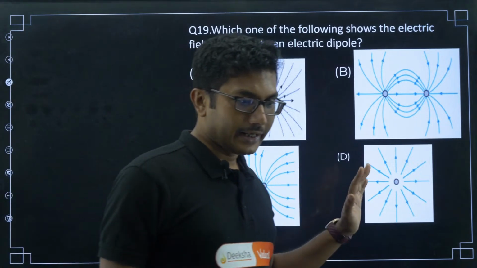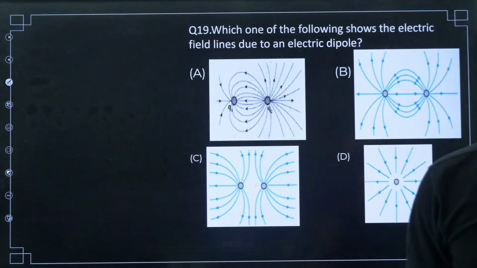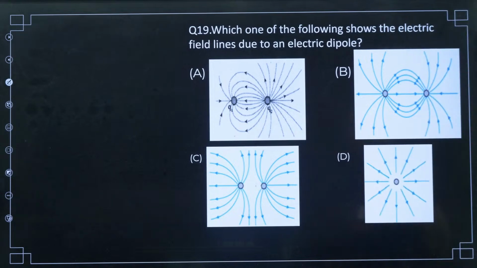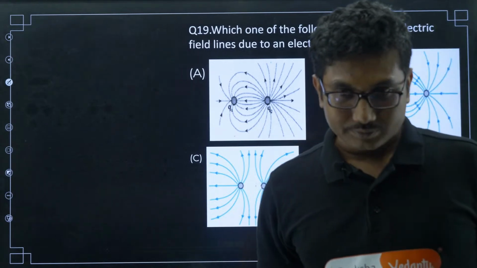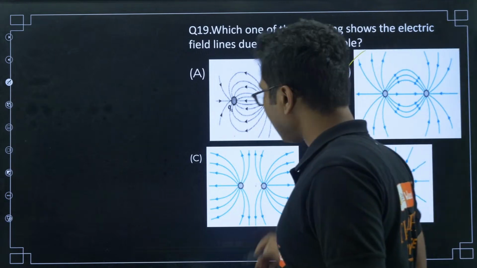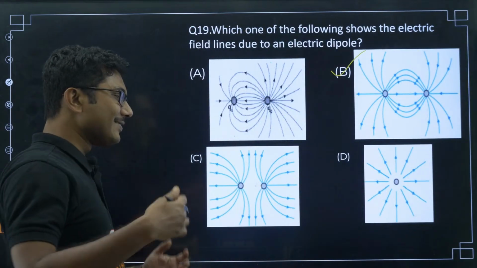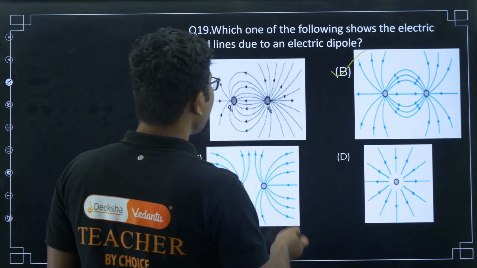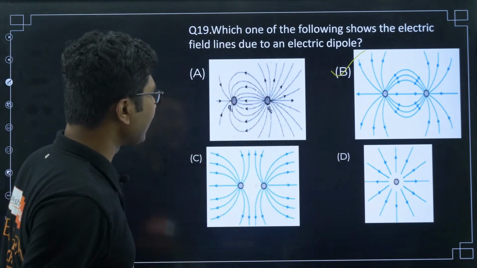Easy question, again question number 19. Pratima 19B, Varija 19B, Karnataka 19B, yes, 19B is the correct answer. The answer is very simple. This is for a positive charge, this is some random charge distribution.